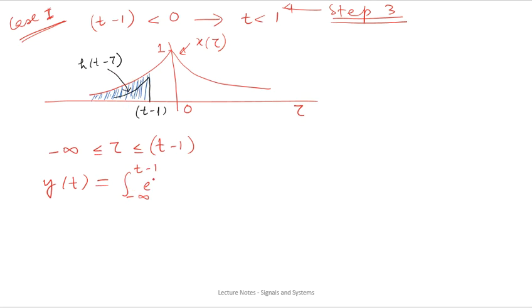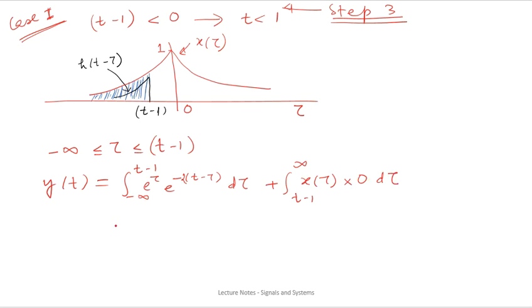t minus 1 of e to the power tau times e to the power minus 2 times t minus tau d tau. From t minus 1 up to infinity, although this signal is present, the second signal is not present, so it will be 0.